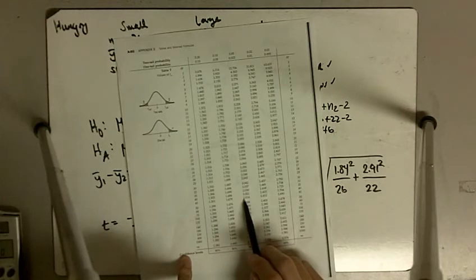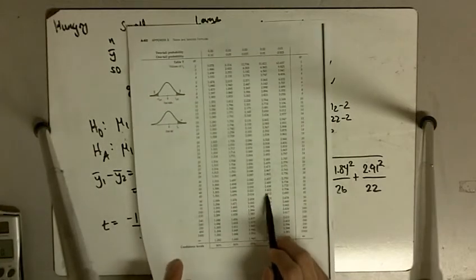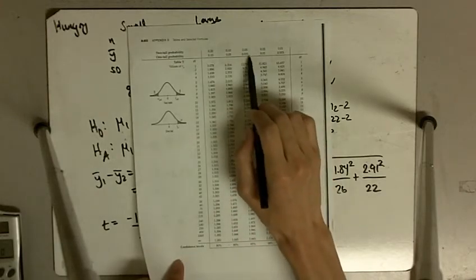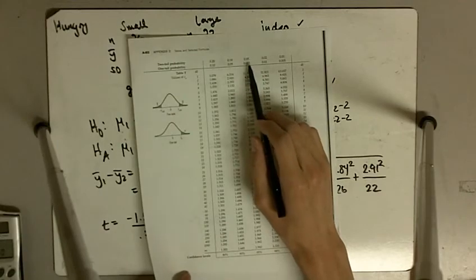It's between 2.01 and 2.41. And we're looking for 2.10. So 2.10 is in between here and here, which means our p-value is in between here and here, the corresponding column heads, for one-tail probability. So we're between 0.025 and 0.01.